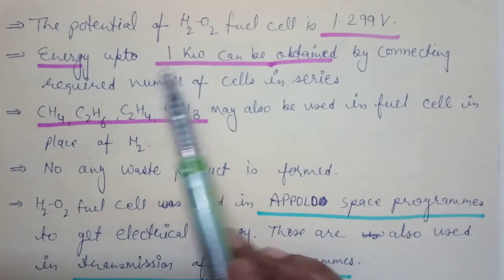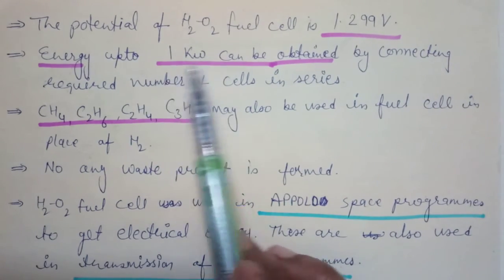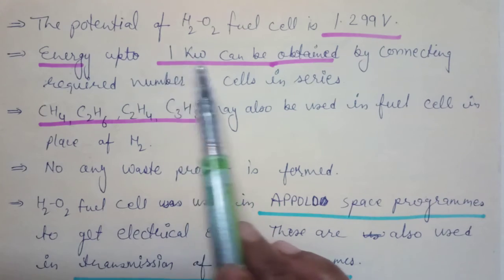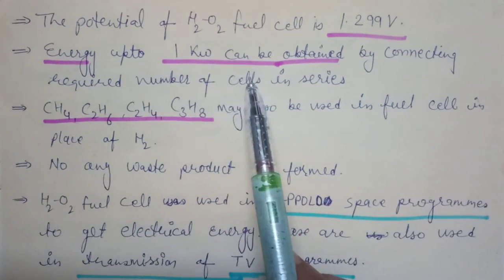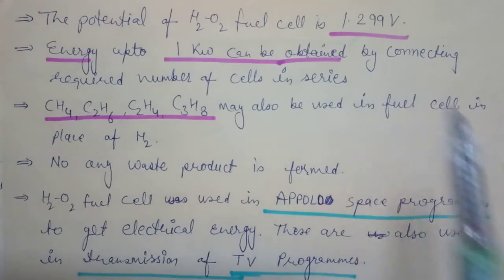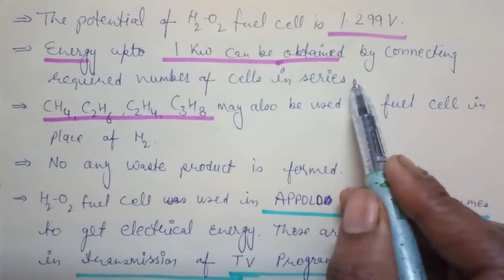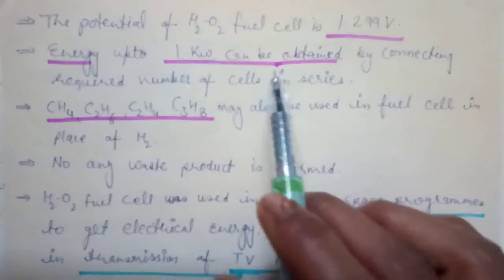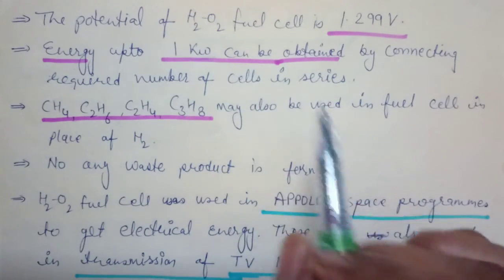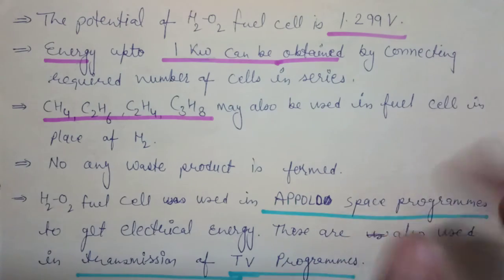Energy up to 1 kilowatt can be obtained by connecting the required number of cells in series. This much energy can be obtained only by this cell, not by any other, like the lead accumulator, nickel cadmium cell, dry cell, or mercury cell.